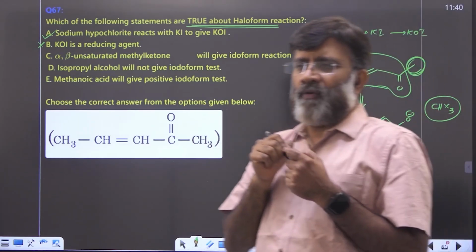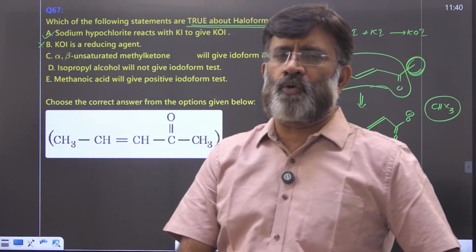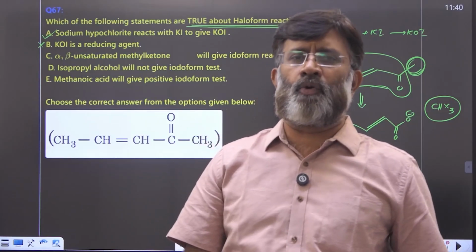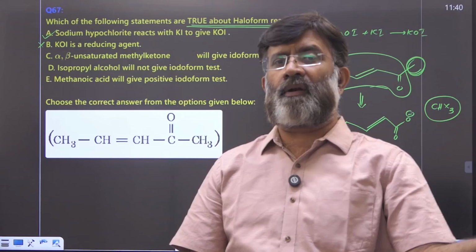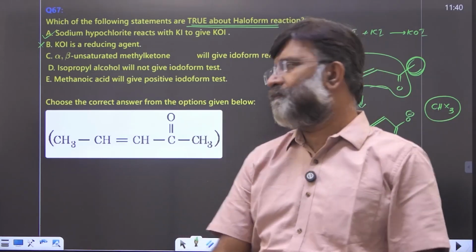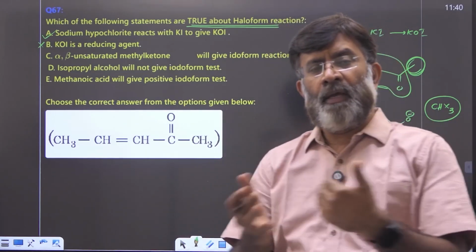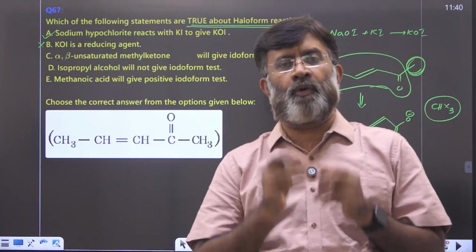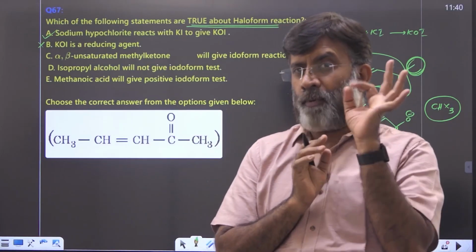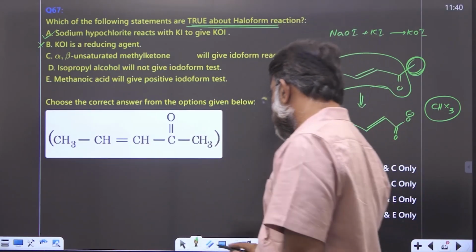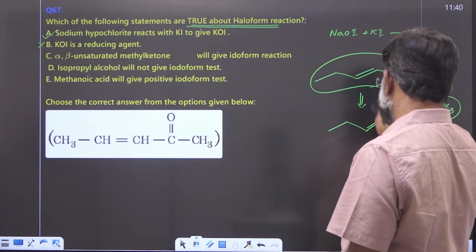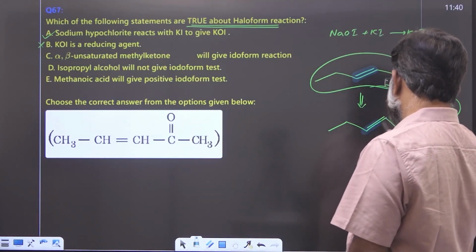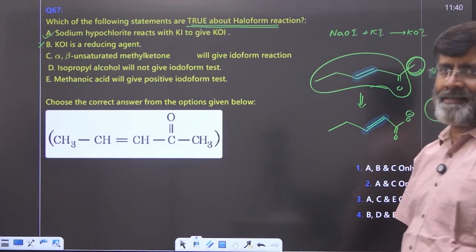In fact, what is the point of a methyl keto group? A methyl keto group gives the haloform test. That methyl part is converted to haloform, and the remaining part is converted to an oxidation product. One important point you can see here, in that statement as well as in this example, the unsaturation remains intact.